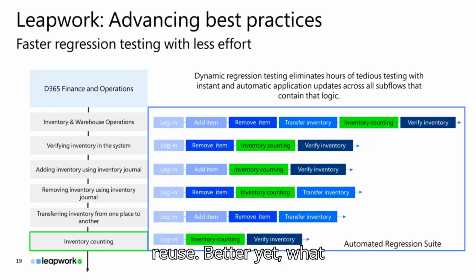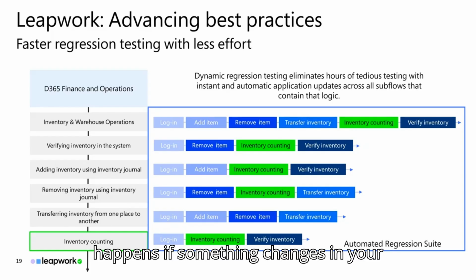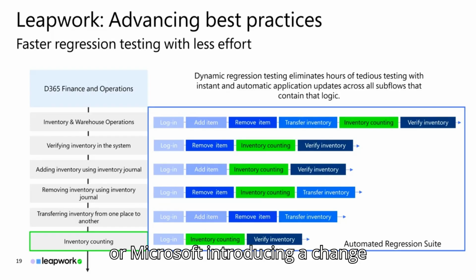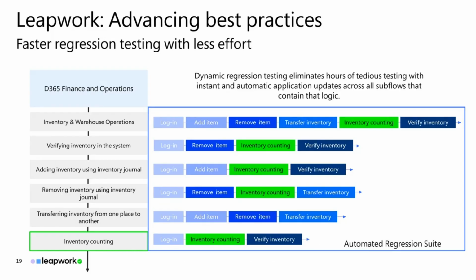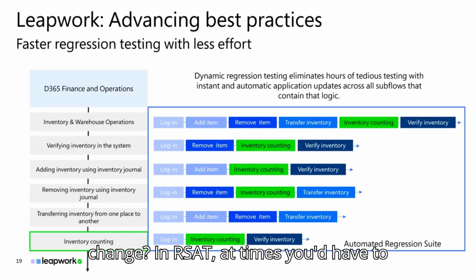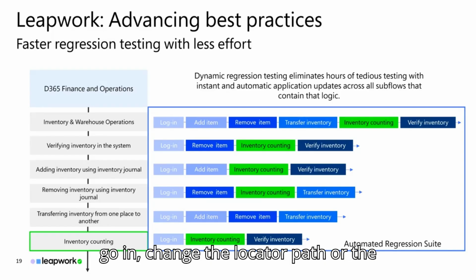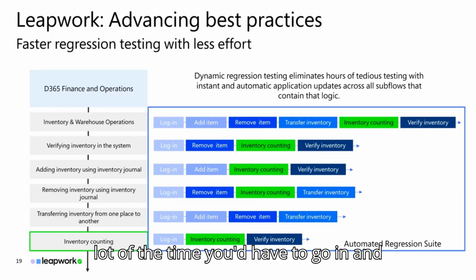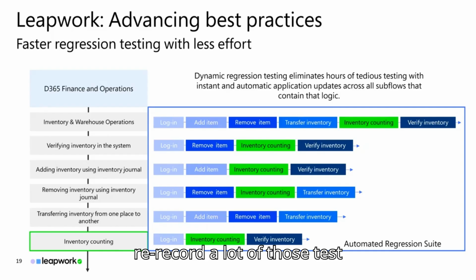Better yet, what happens if something changes in your application, either by a change process or Microsoft introducing a change during the updates, or even an icon change? In RSAT, at times you'd have to go in and change the locator path or the XPath for that particular element. And a lot of the time you'd have to go in and re-record a lot of those test cases.